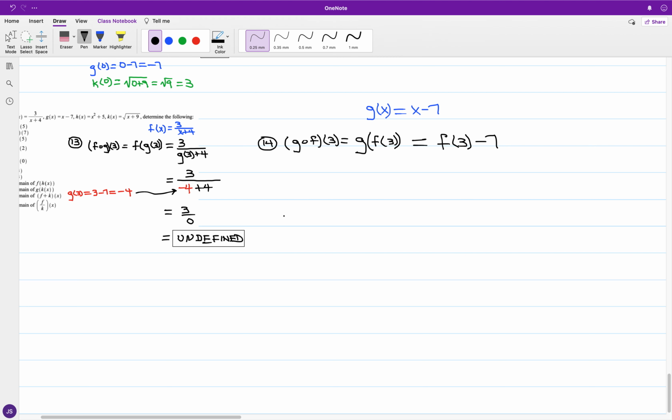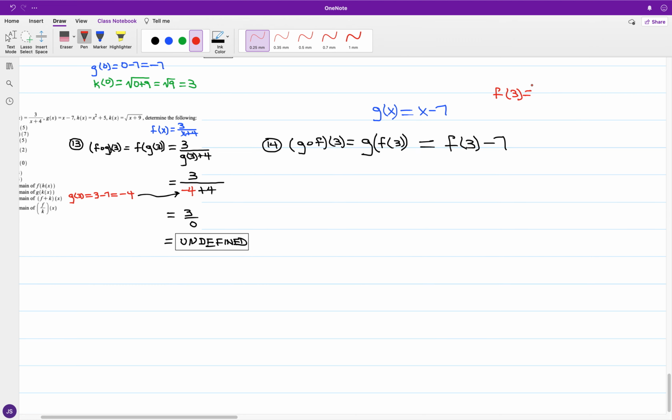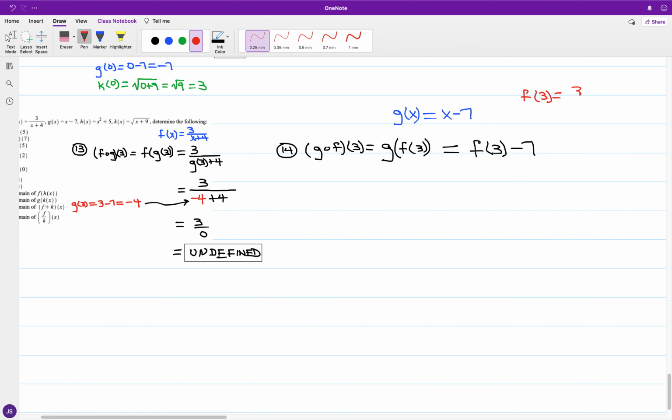And for f of 3, again, f of x is equal to 3 over the input plus 4. So f of 3, this will come out to 3/7. And so we'll have 3/7 minus 7.